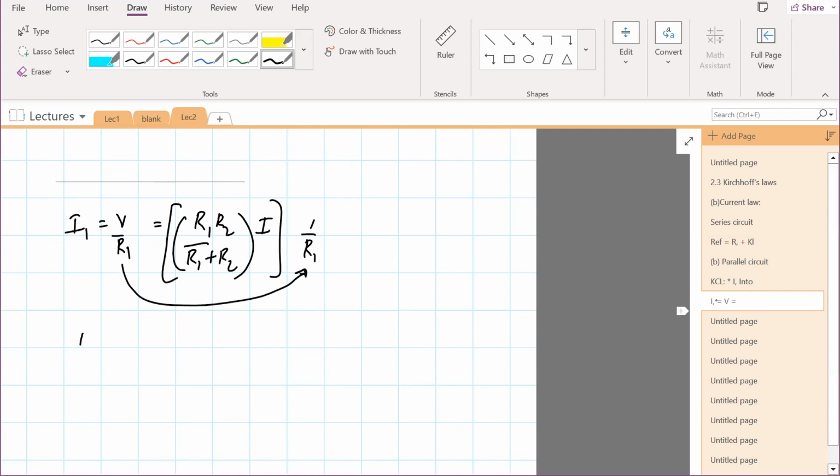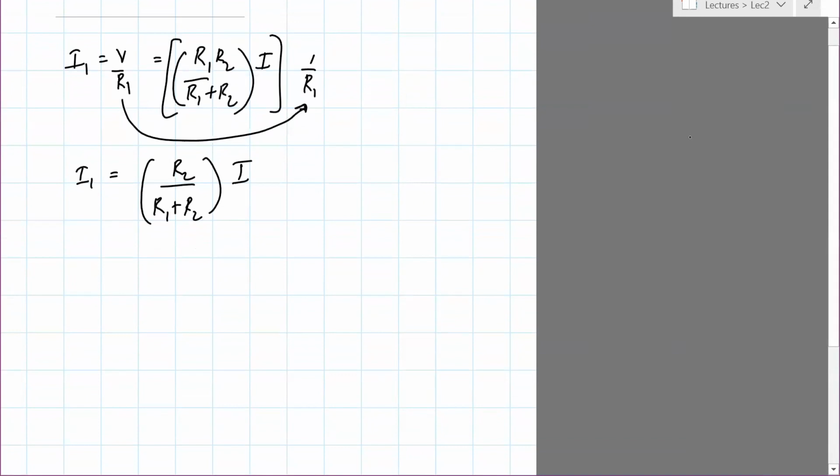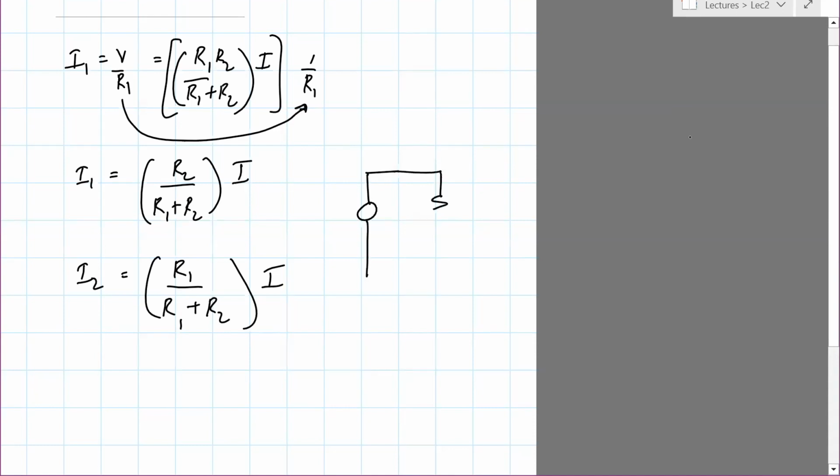And simplifying this gives me R2 divided by R1 plus R2 times I. And then you can do the same thing for I2. It'll come out to be R1 divided by R1 plus R2 times I.